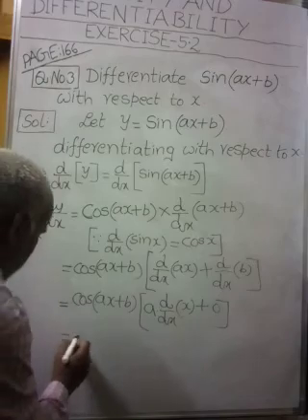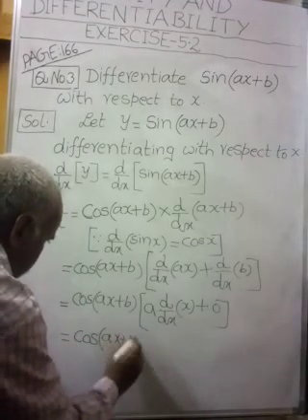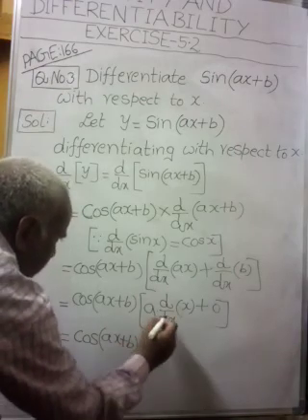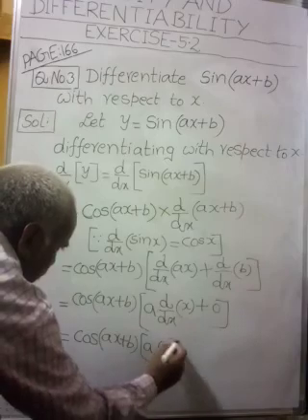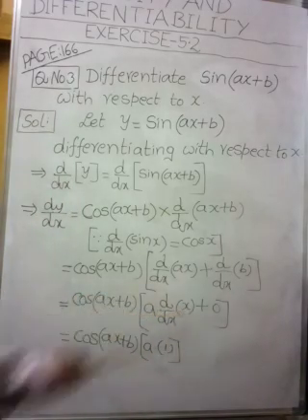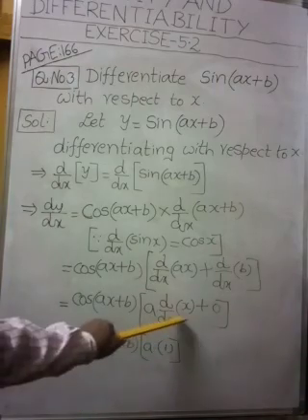Right. This is equal to cos of ax plus b into a into d by dx of x. This is also the derivative of a standard function. D by dx of x is equal to 1. I gave the list of the derivatives of some standard functions. In that list, this is also one formula.